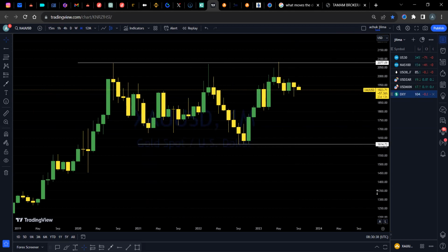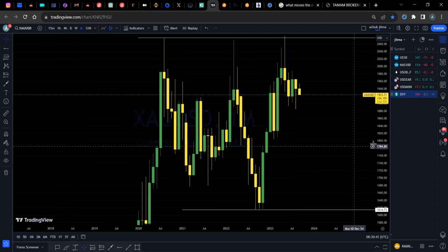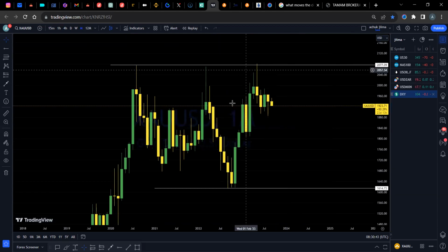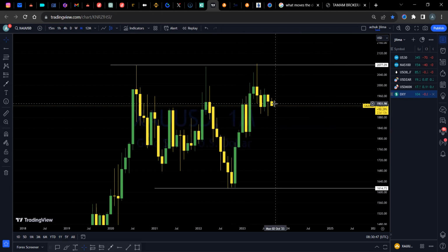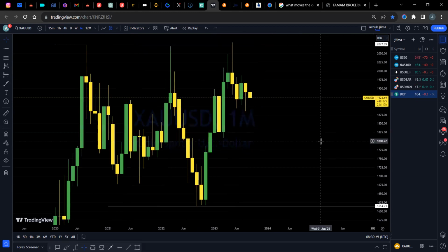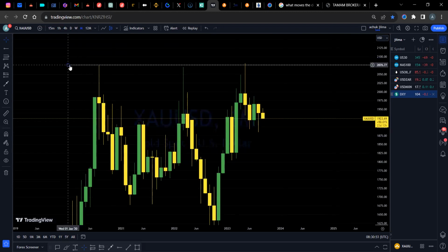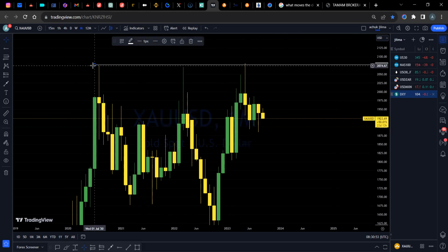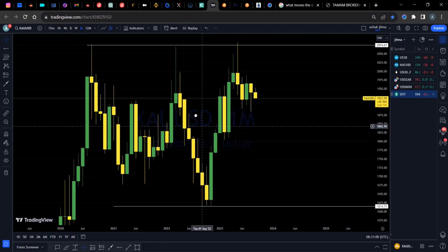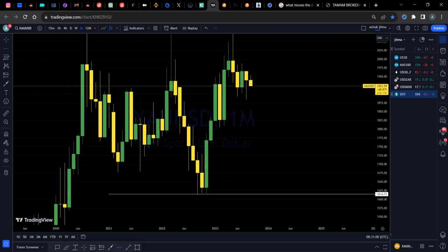So if you look at gold, this is gold on the monthly time frame. There's bearishness, and the reason why it's bearish is because the dollar is strong. So people are actually not buying gold right now. But also, if you look at that, gold has been at its highest price, which has been acting as a resistance. So you can see we have our lows here.